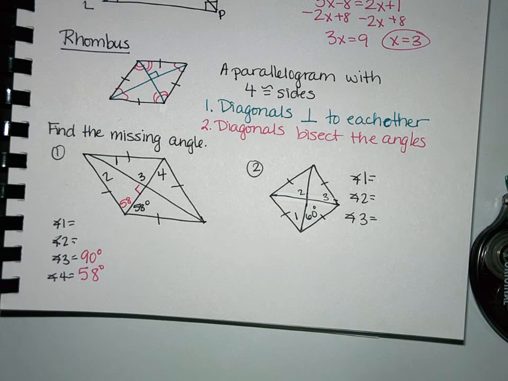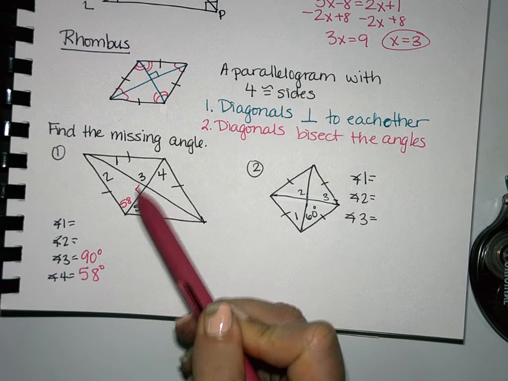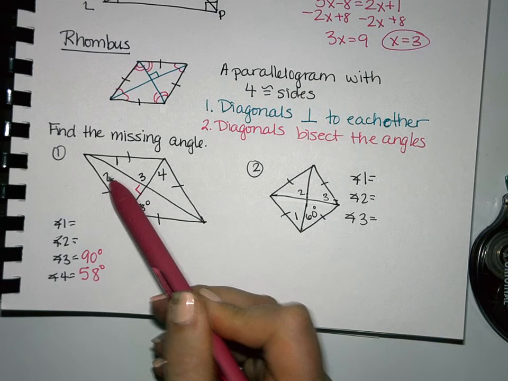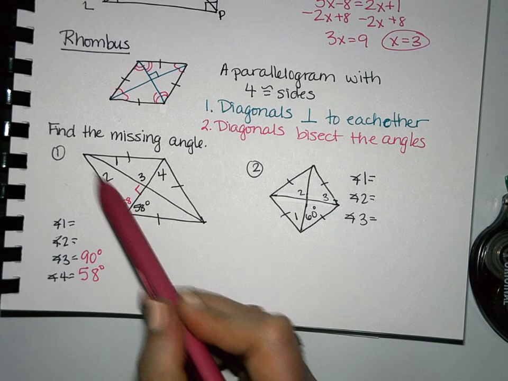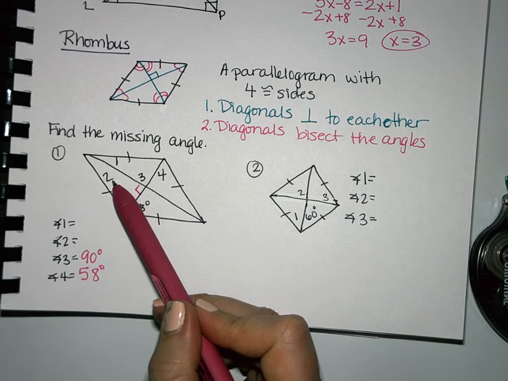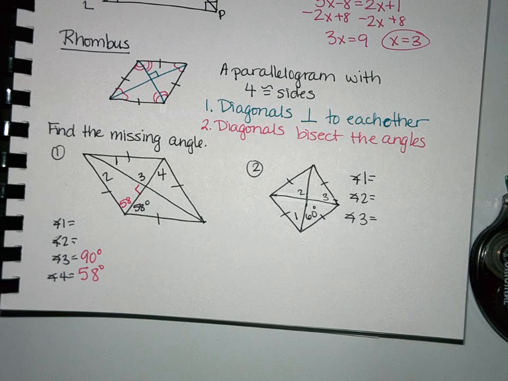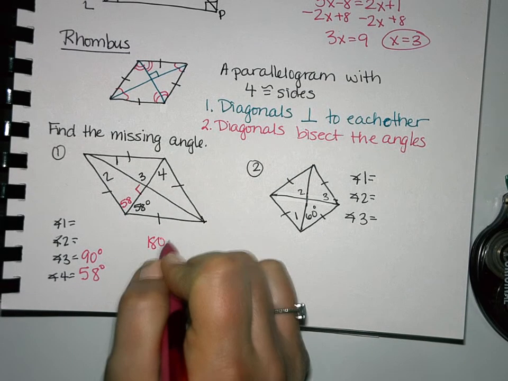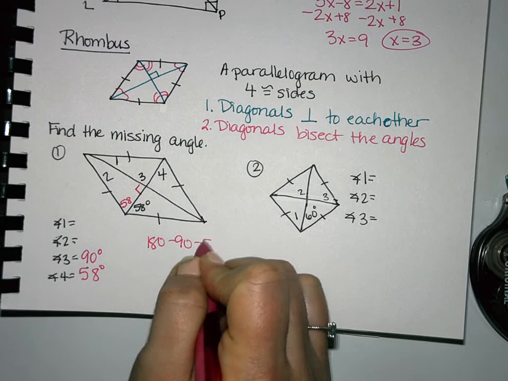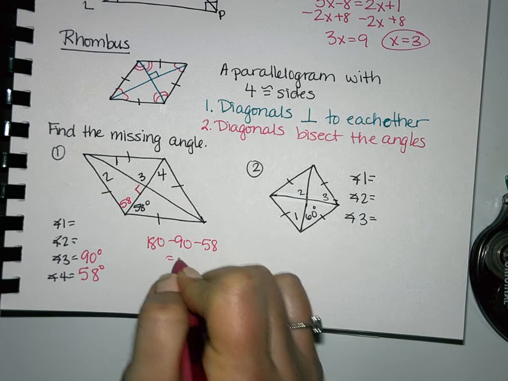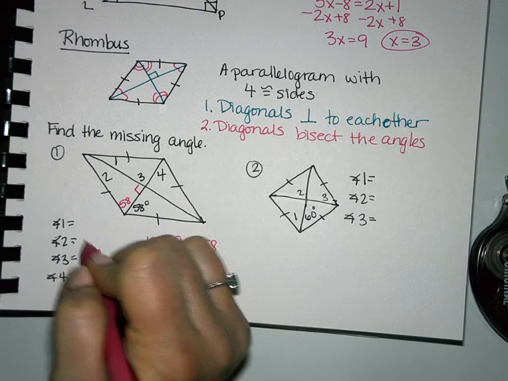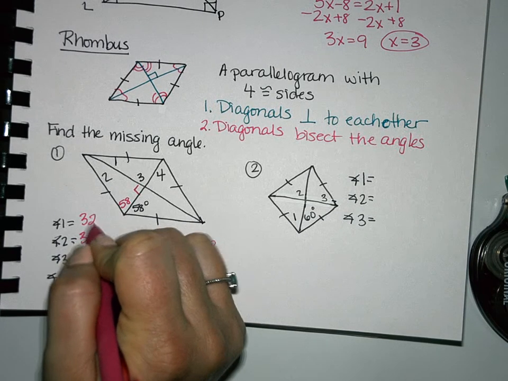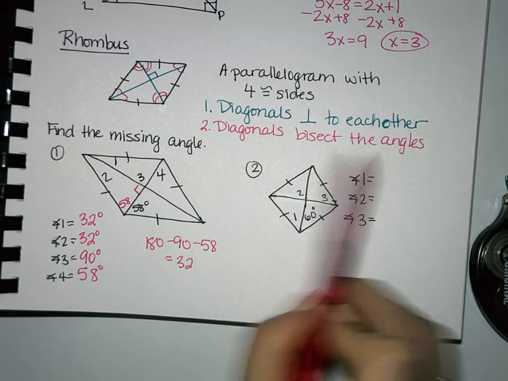So if we do 180 minus 90 minus 58, we can get angle 2. And because this is a diagonal, we know that 1 and 2 are the same because that diagonal cut that angle in half. So both halves have to be the same. So if we do 180 minus 90 minus 58, we get 32. So angle 2 is 32, and then angle 1 would also have to be 32 because the diagonals bisect the angles.